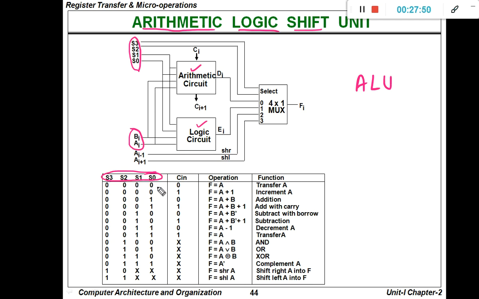Whenever the input selection lines are 0, 0, 0, 0 and the input carry is 0, the operation to be performed is transfer A, transfer the content of register A. Similarly, whenever the input selection lines are 0, 0, 0, 0 and Cin is 1, the function to be performed is A plus 1, that is, increment the content of register A. Similarly, whenever the selection lines are 0, 0, 0, 1 and the input carry is 0, the operation performed is addition.